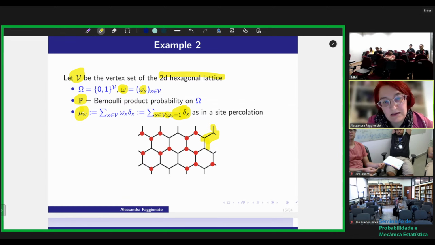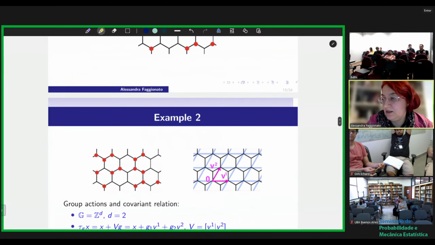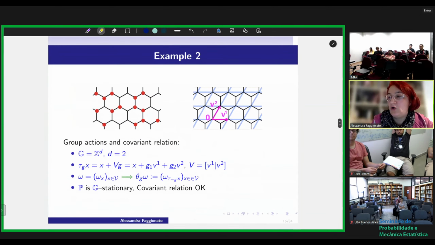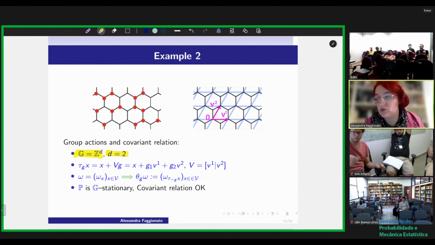But here at the beginning of this model you don't see any group, but there is the group with the two actions, and it's here. The group is Z^d with d equal to 2, so Z^2. Now the group acts on the Euclidean space by Euclidean translations, but it's not natural to take all Euclidean translations.